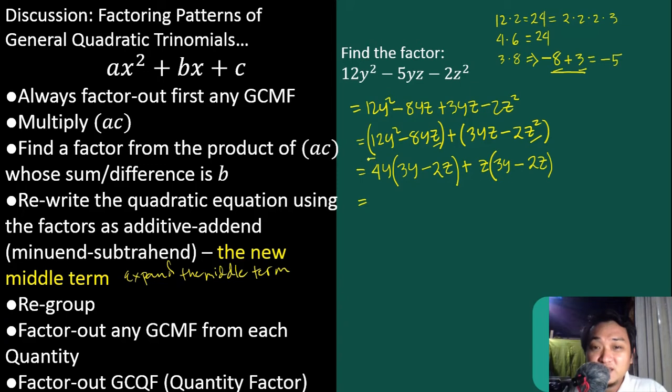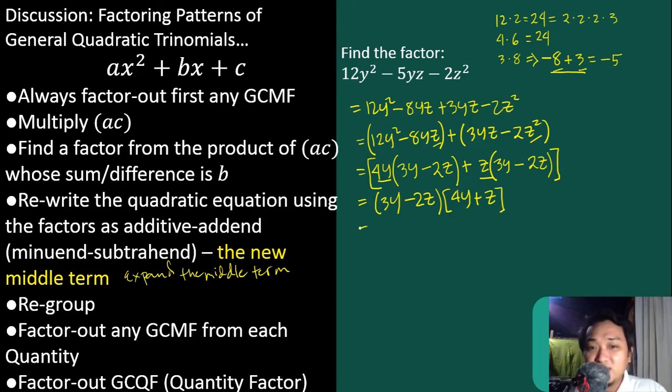So, ilalabas natin yan sa pinakalabas ng bracket. So, that will be 3y minus 2z. Natira na lang sa loob si 4y plus z.